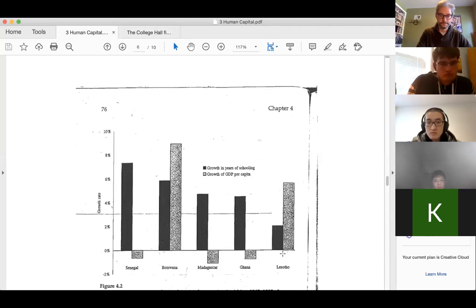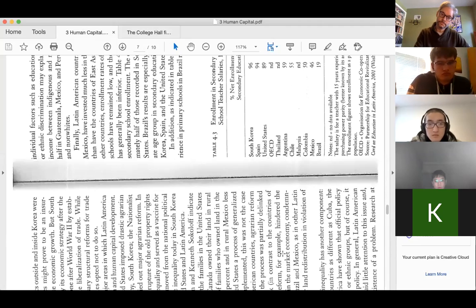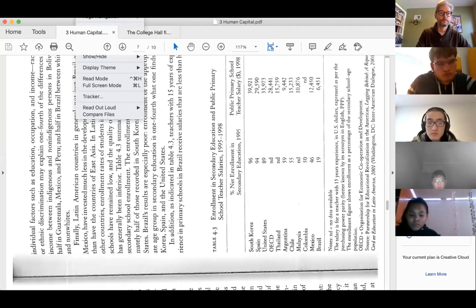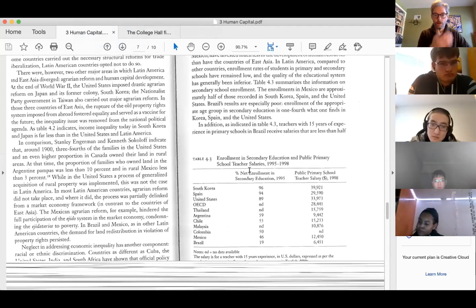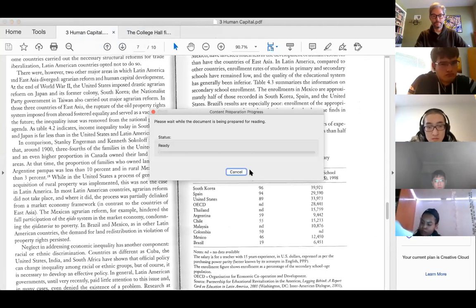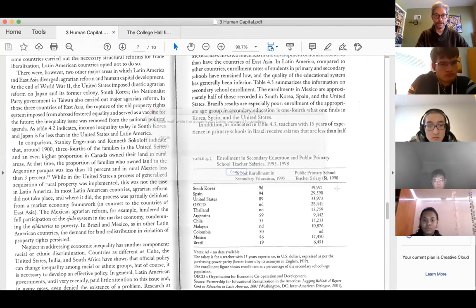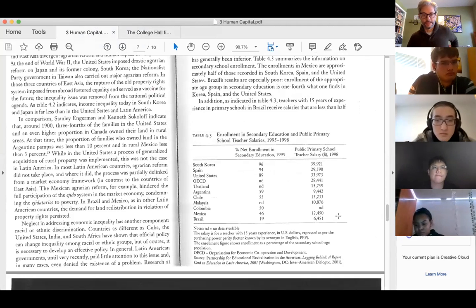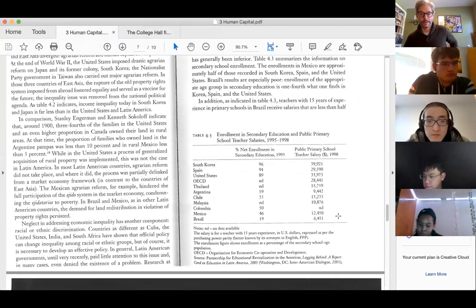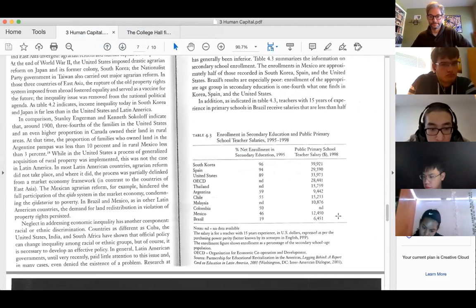Let me show you a little bit of data on this. This is looking at enrollment in secondary education in primary public schools relative to teacher salaries.